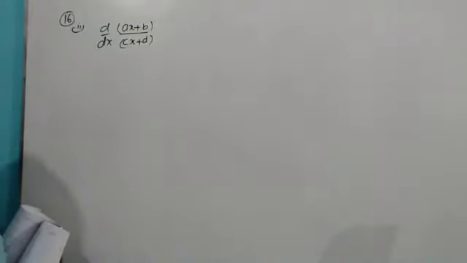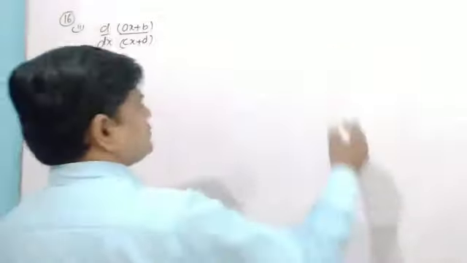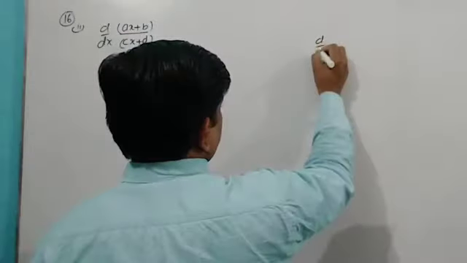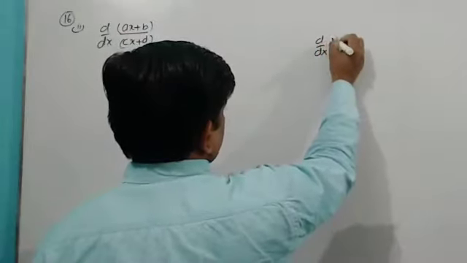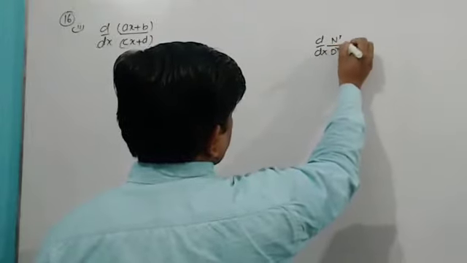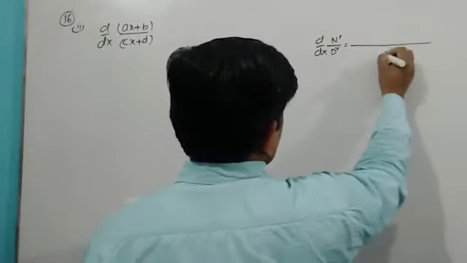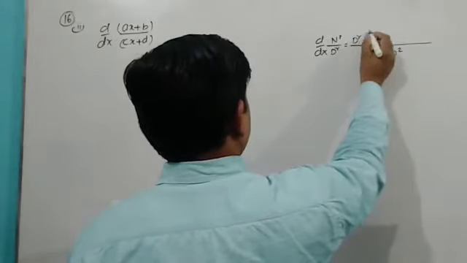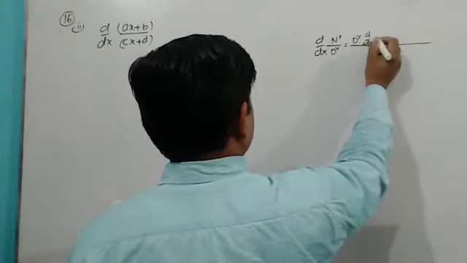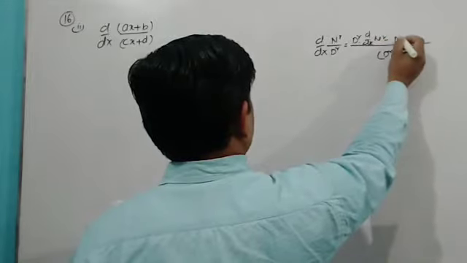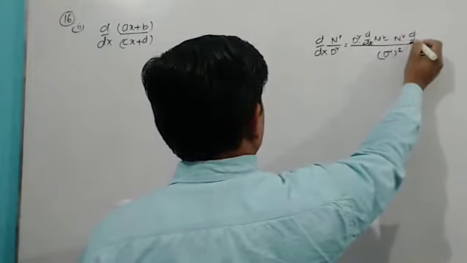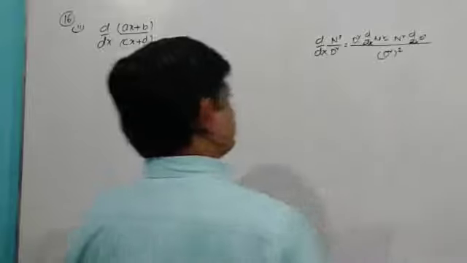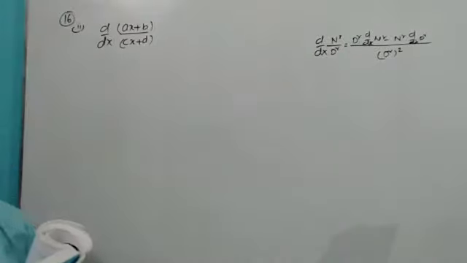If you remember, in last class it was discussed that d/dx of numerator upon denominator can be written as denominator into d/dx of numerator minus numerator into d/dx of denominator, whole upon denominator squared. This formula we had learned previously.